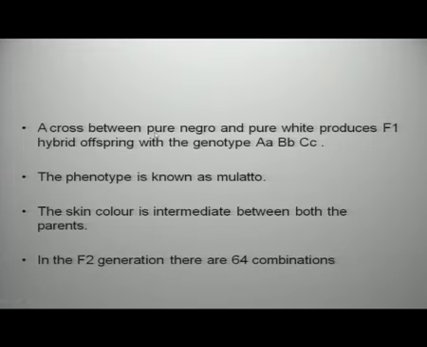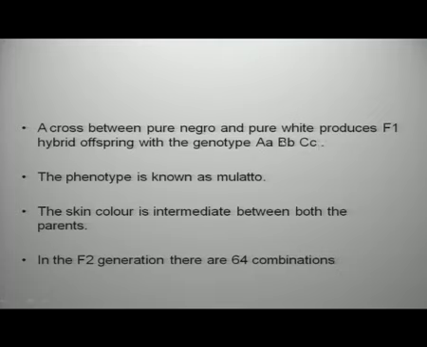A cross between a pure black negro and a pure white albino produces an F1 hybrid progeny with 3 dominant alleles and 3 recessive alleles, represented here as capital A, capital B and capital C with small a, small b and small c.